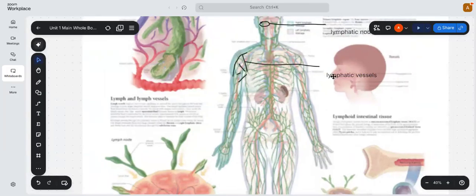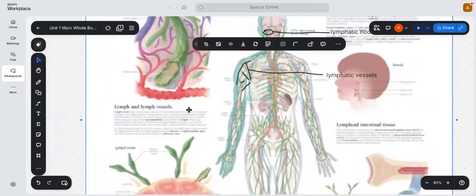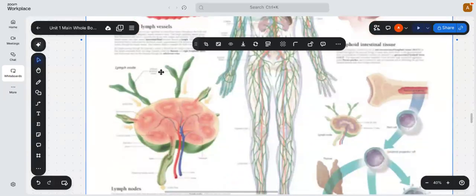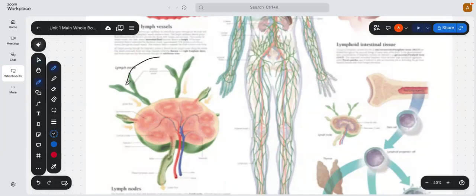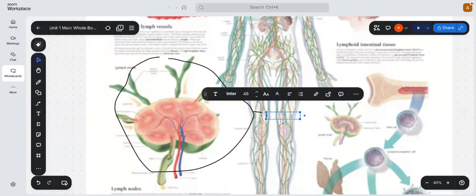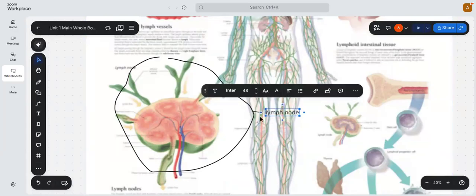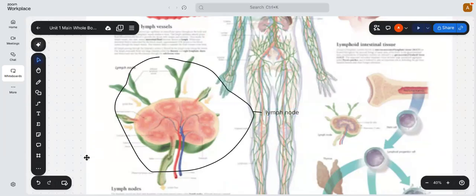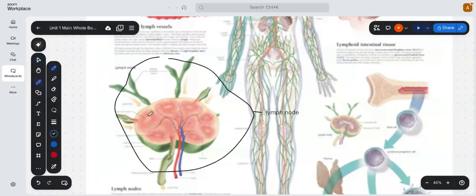Another important thing to know is that this over here, this big, weird looking structure, is actually a zoomed in look at a lymph node or a lymphatic node. So this whole thing is going to be a singular lymph node. You can see in the lymph node, you have your afferent and efferent vessels, and then you have your germinal center, which is this white part over here.